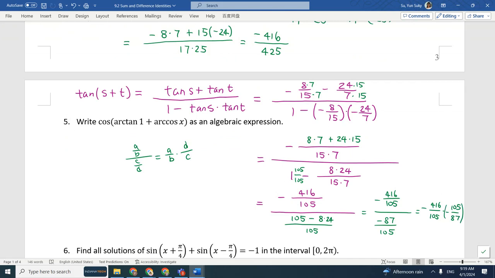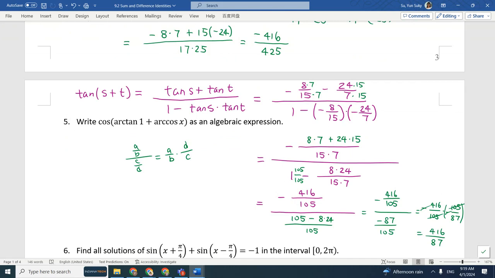Is that okay, everybody? The minus cancels, the 105 cancels. So the answer is 416 over 87. Will your calculator give you this answer when you type everything in? If your calculator can do it, then you don't need to do the algebra here.